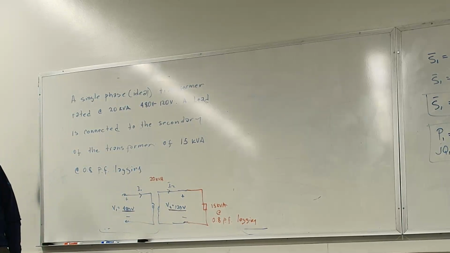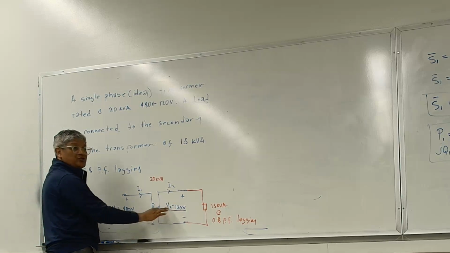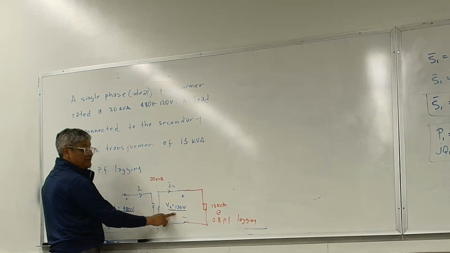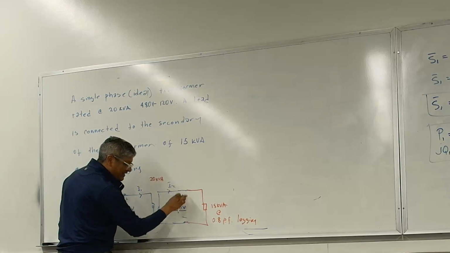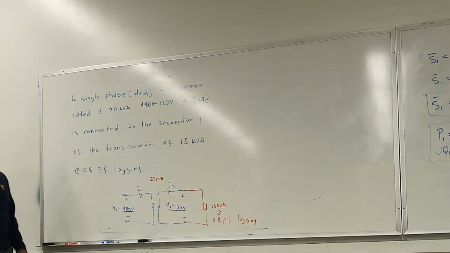It can be a little higher, it can be a little lower. If all the lights are on in the entire building, the voltage is going to be lower because there's high load demand. When we leave and we turn off lights, all the load comes down, then the voltage is going to run a little higher, right? What I'm trying to say is this just represents the turns ratio. This is what it's rated for. It doesn't mean necessarily that the voltage across here when the transformer is running is 120 volts.